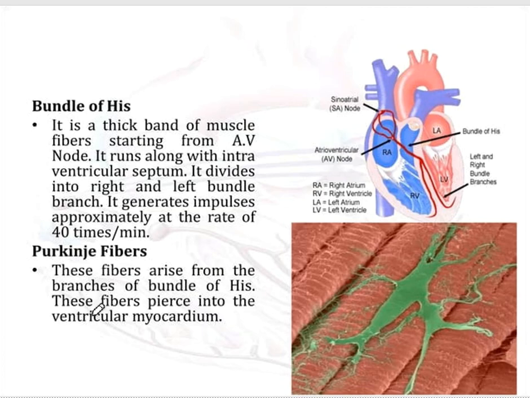Purkinje fibers are spread all over the ventricles in a huge manner, because the ventricles have more muscle mass, as the ventricle has to push the blood against gravity towards the aorta. So the major muscle mass is in the ventricles, and the major chunk of the bundle of His and Purkinje fibers is on the ventricle side.